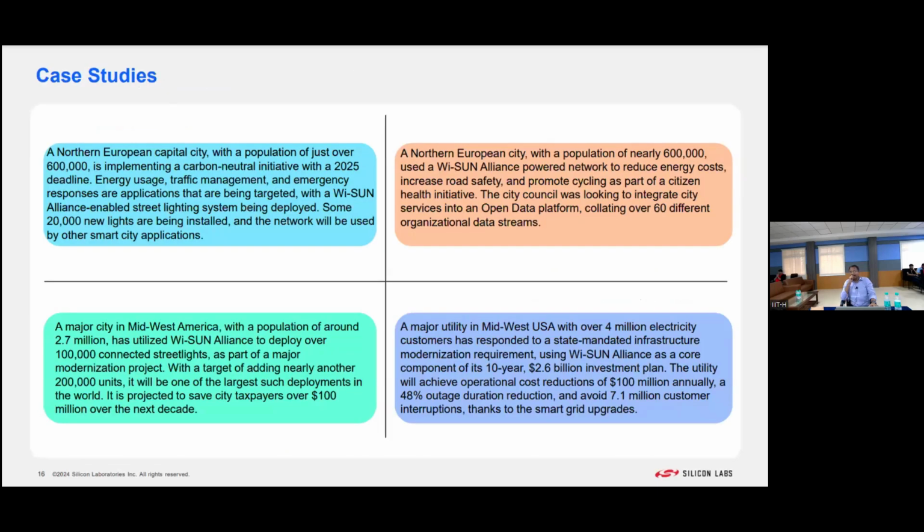One last slide of the Wi-SUN introduction shows some more case studies. Not only the US, but Europe, and some of the European countries also have Wi-SUN deployments. Some of them are street lights modernizing with Wi-SUN as the network, and some of them are smart energy meters.